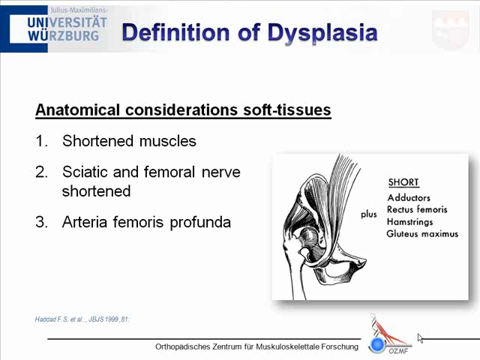And don't forget the soft tissues, because especially in the high-riding dysplasia, they come with shortened muscles, especially the abductor muscles are a problem, with shortened sciatic and femoral nerve, because it's a developmental disease, and shortened vessels also.